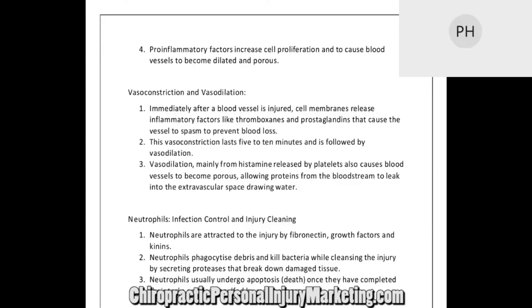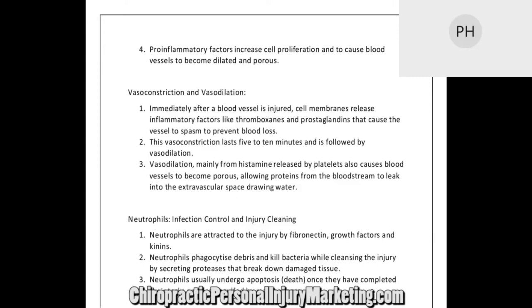So vasoconstriction, vasodilation. Immediately after a blood vessel is injured, cell membranes release inflammatory factors like thromboxanes and prostaglandins that cause the vessel to spasm to prevent blood loss. The vasoconstriction lasts 5 to 10 minutes and is followed by vasodilation.